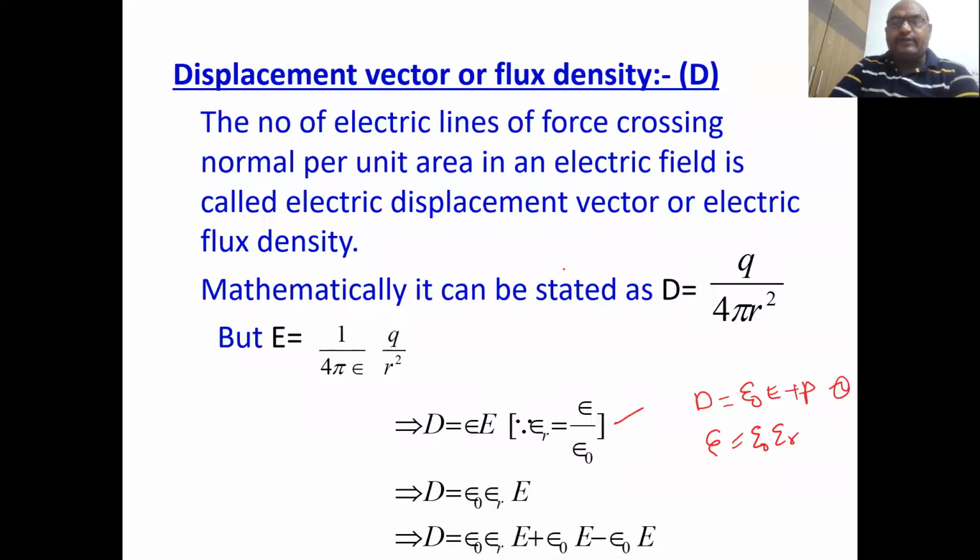The relation between flux density, applied electric field and polarization is D is equal to epsilon naught into E plus P. Also, the flux density D is equal to epsilon E, where epsilon r is the relative permittivity, the ratio of the permittivity of the medium to the permittivity of free space.